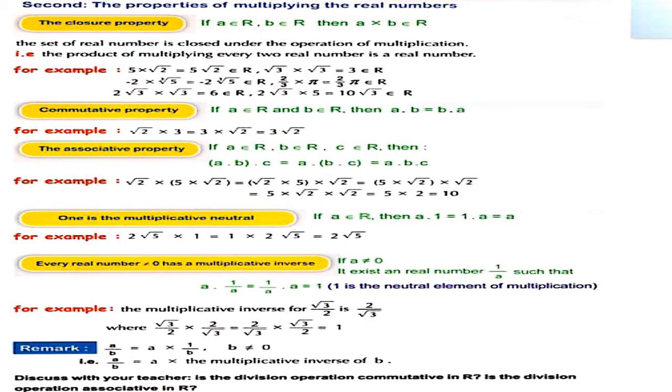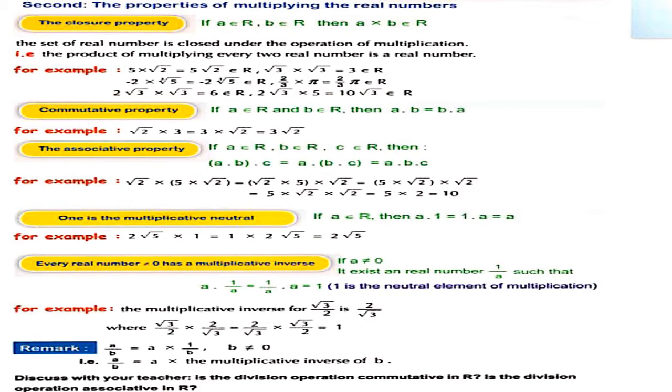Associative property: if a, b and c belong to R, (a times b) times c equals a times (b times c).